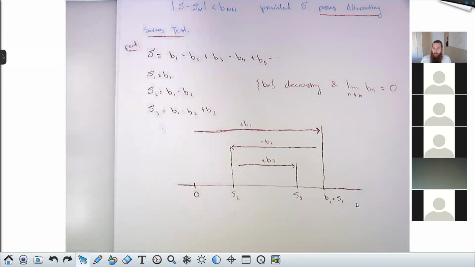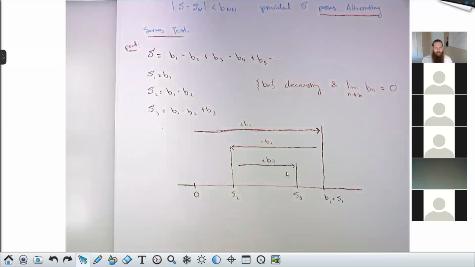Well, B3 is smaller than B2 because the BNs are decreasing, right? Oh, yeah. So that means that every term gets smaller and smaller. Okay. So B1 is the biggest term, and then B2 is the next biggest, and then B3 is the next biggest, and so on. So each of these arrows is getting shorter, and they point in different directions, right? They flip from one direction to the other.